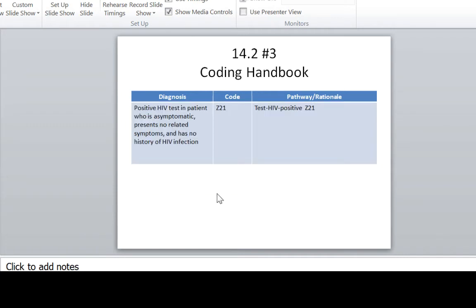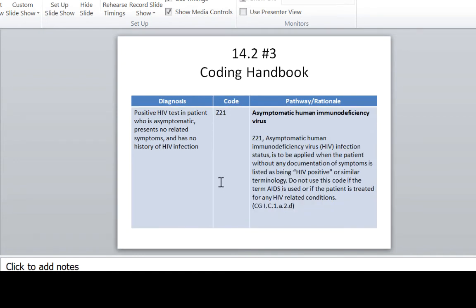The next example is a positive HIV test in a patient who is asymptomatic, presenting no related symptoms, and has no history of HIV infection. The only thing he has is a positive test. So the test is your main term, HIV, positive, giving you Z21. And the guideline for that is an asymptomatic HIV.